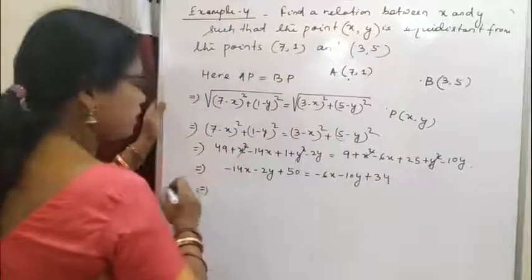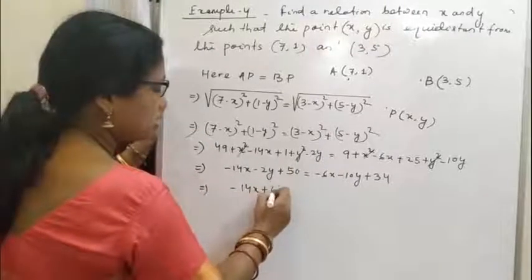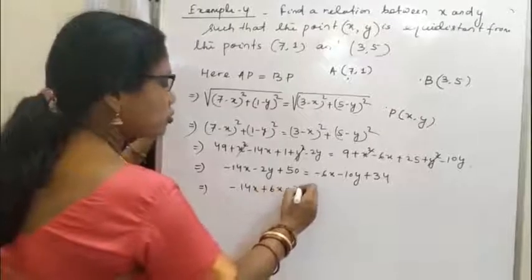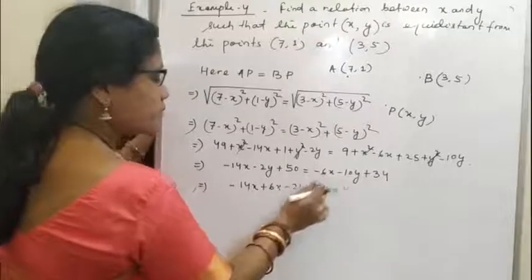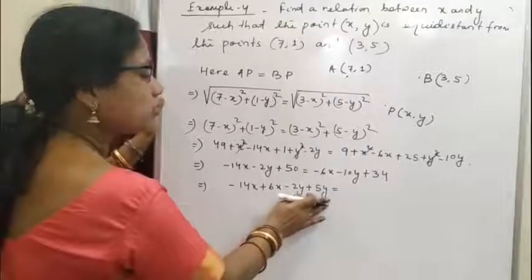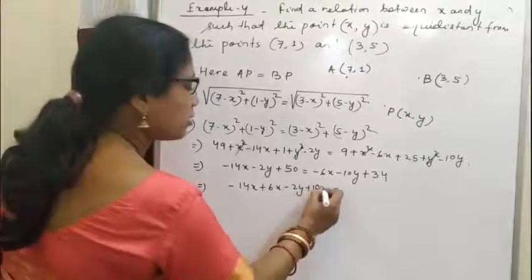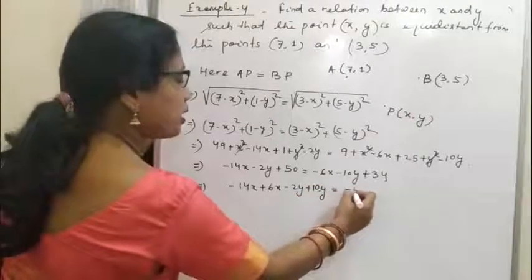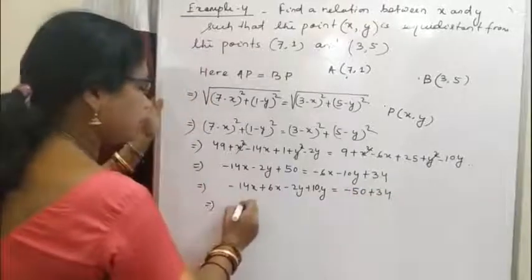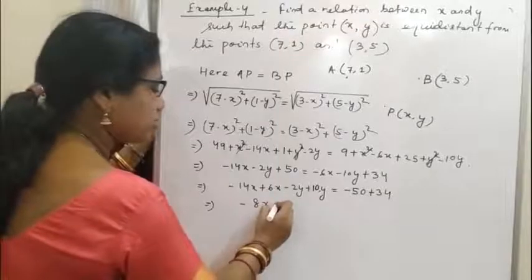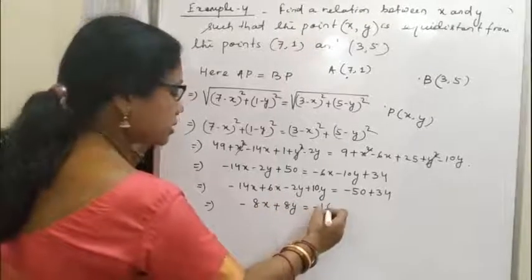So this implies minus 14x plus 6x minus 2y plus 10y is equal to minus 50 plus 35. This implies minus 8x plus 8y is equal to minus 15.